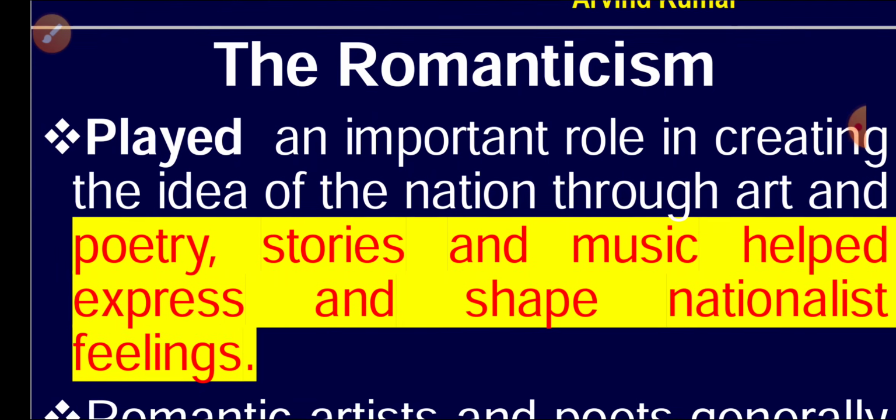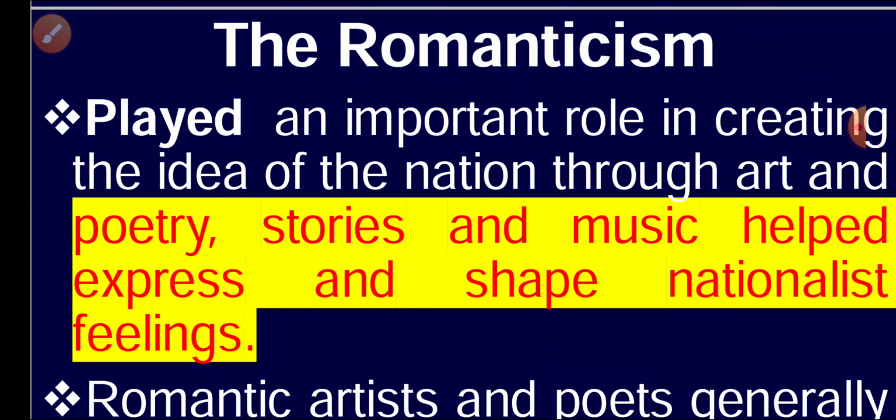Next terminology is Romanticism. Just like we read about conservatism, meaning people who believed in past ideas and were not in favor of any change, and liberalism refers to freedom of the people, this terminology Romanticism refers to a way of feeling nationalism through poetry, stories, music, art, culture.